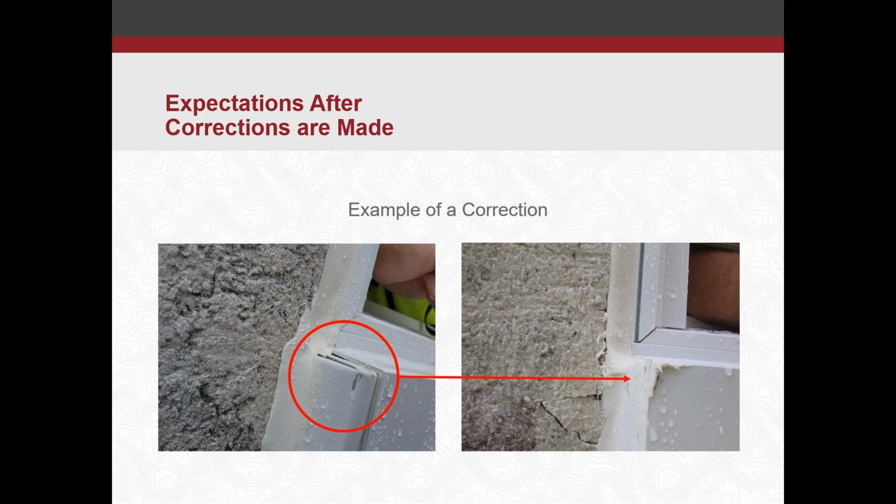Contractor came back, they had an approved correction. You can see on the right-hand side where they added the sealant to cover those gaps. That was retested and passed, and this is a project where they had forgotten that on every window unit in the building.